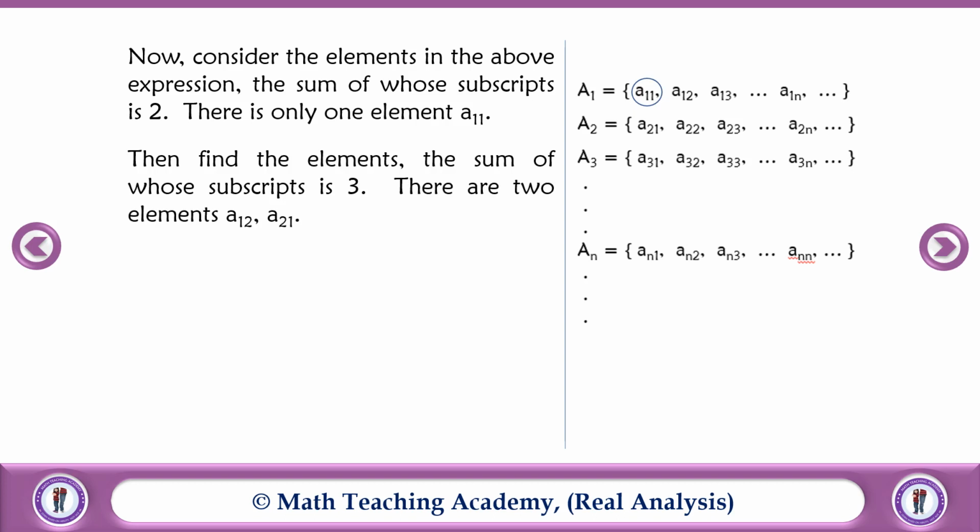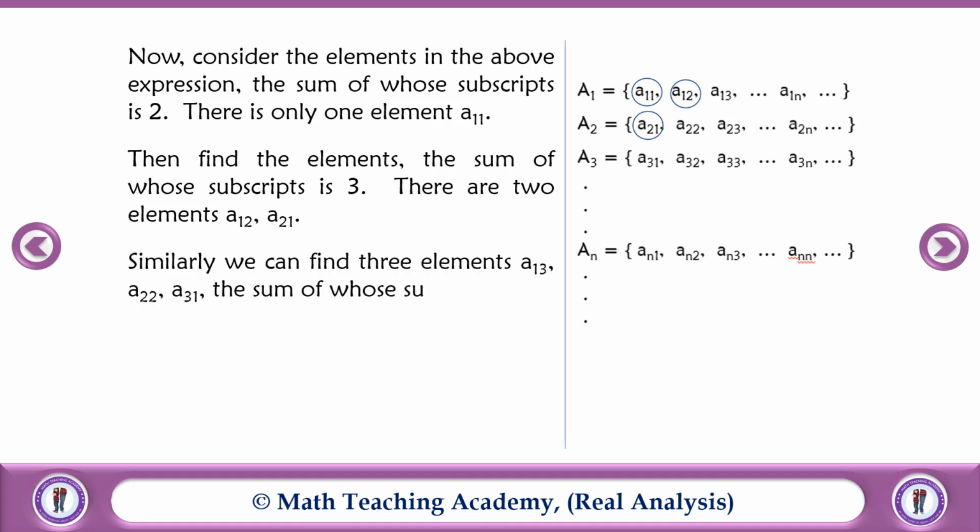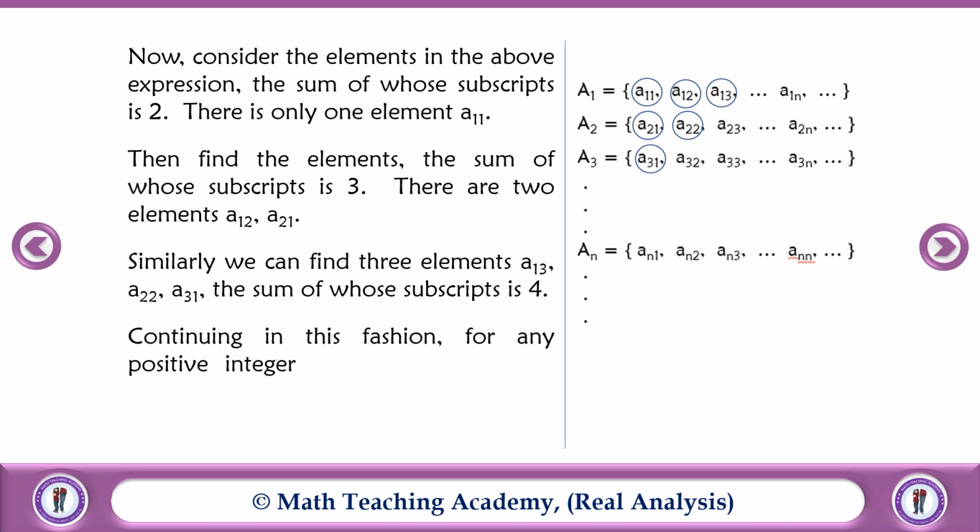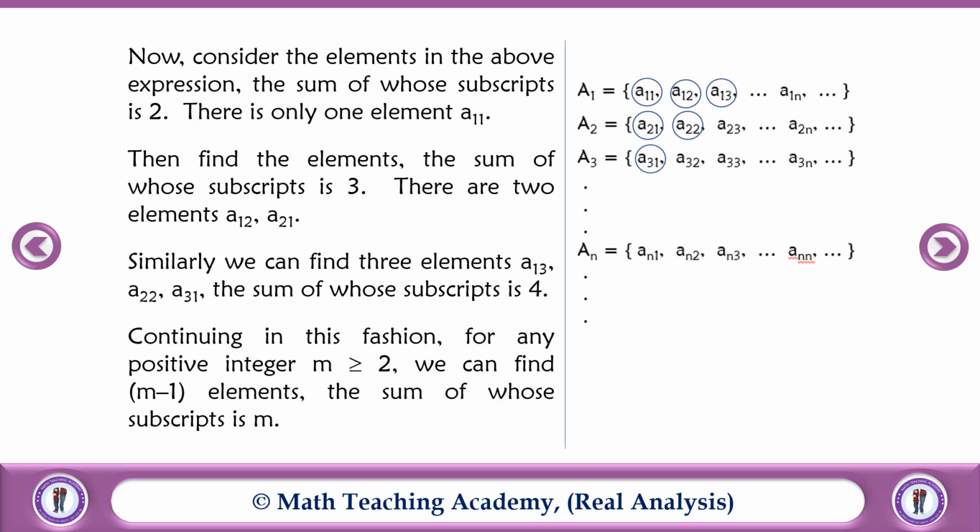There are two elements, that is A12 and A21. Similarly, we can find three elements A13, A22, A31, the sum of whose subscripts is 4. Continuing in this fashion, for any positive integer m greater than or equal to 2, we can find m minus 1 elements, the sum of whose subscripts is m.